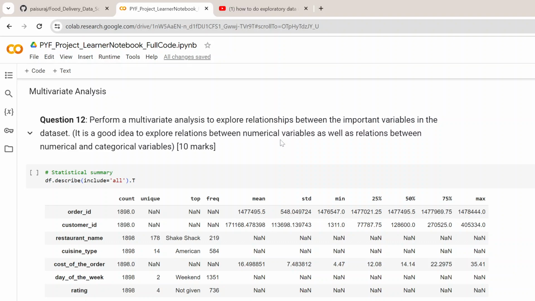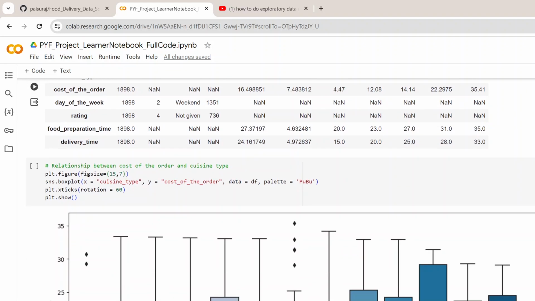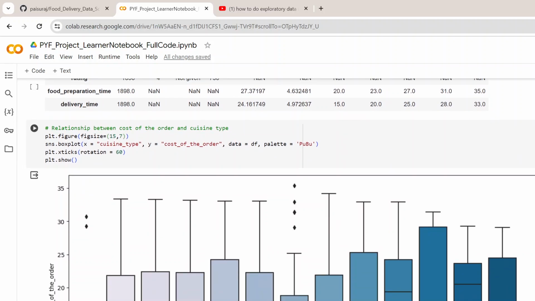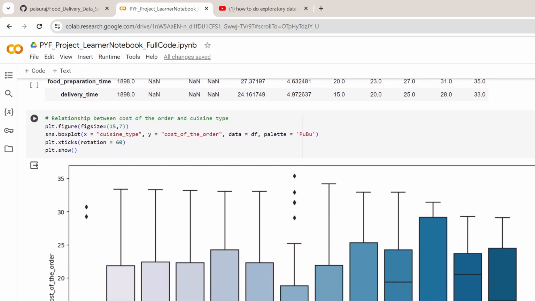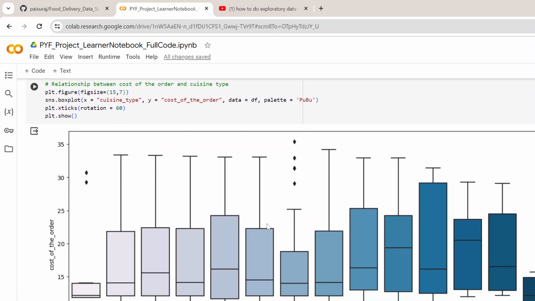So let's take a look at what we had done in this exploration. Here we tested cuisine type compared to cost of order. This gives us a totally different chart, and we can see there are a few outliers in the cost of the orders.